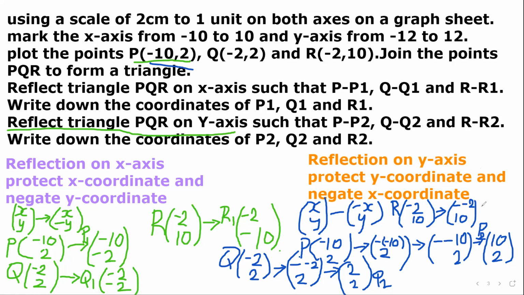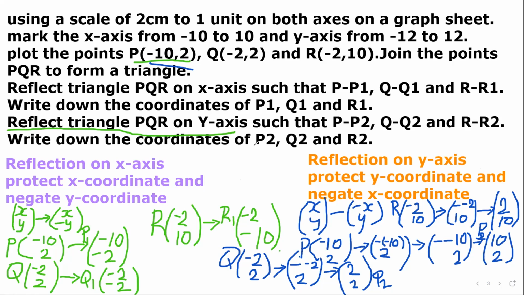And when the 2 negatives meet directly opposite like this, it will tend towards positive, and here will be positive 2 and positive 10. Okay. And that coordinate will be point R2.